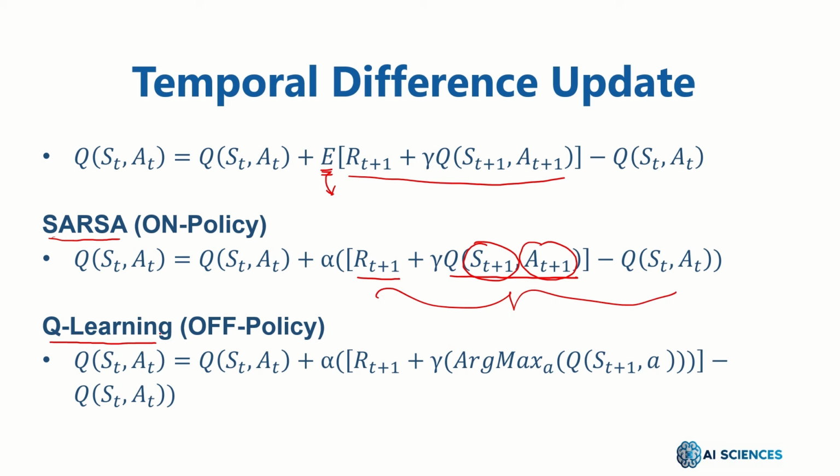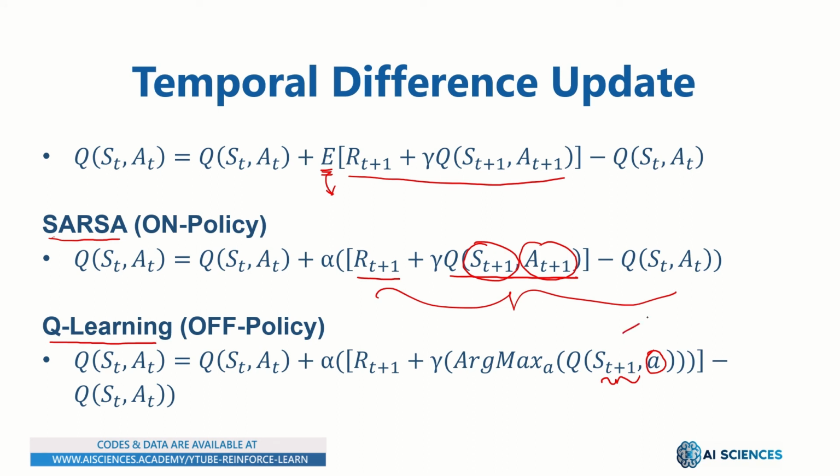In Q-learning, however, we do not rely on a particular policy to sample the action when we move to St plus 1. Rather, we pick the action with respect to the greedy choice, which means if you're at state St plus 1, there are several actions available, and we will pick the one that gives the maximum Q value.